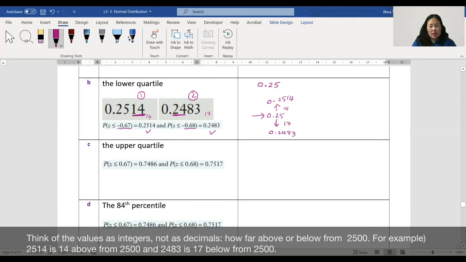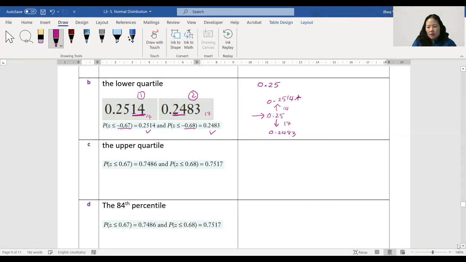So which one is closer? Obviously the first one, isn't it? So the 0.2514 is closer. So the answer is minus 0.67.